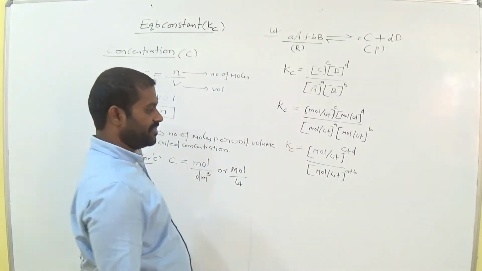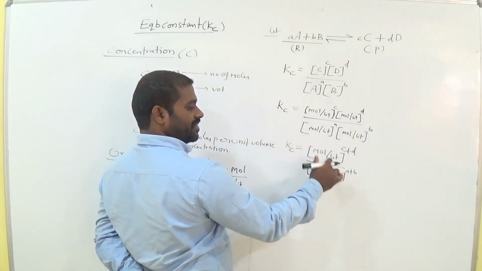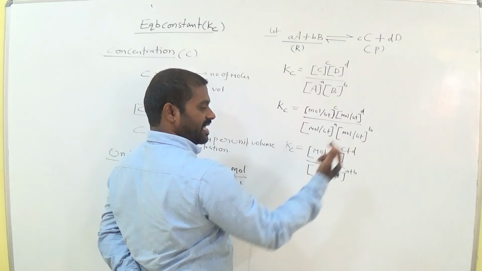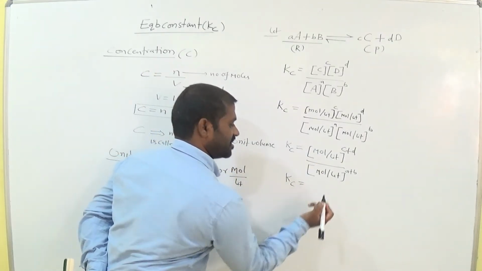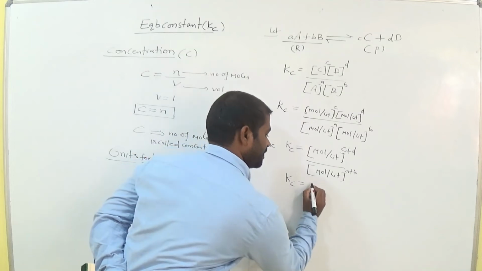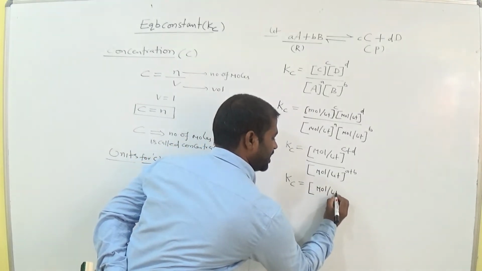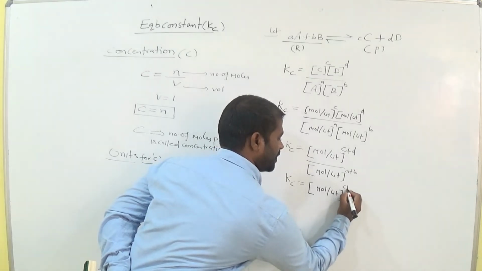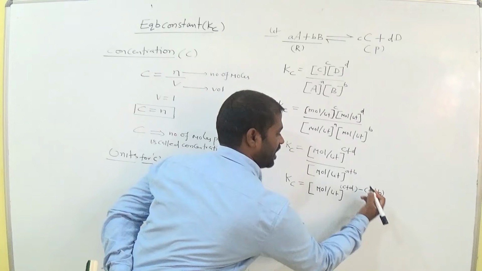Now a power m by a power n gives a power m minus n, you know. So mathematically Kc is equal to mole per liter whole power c plus d minus a plus b. Am I right?